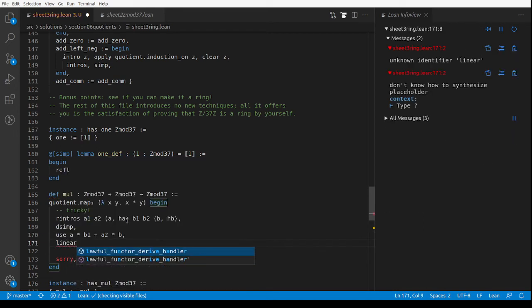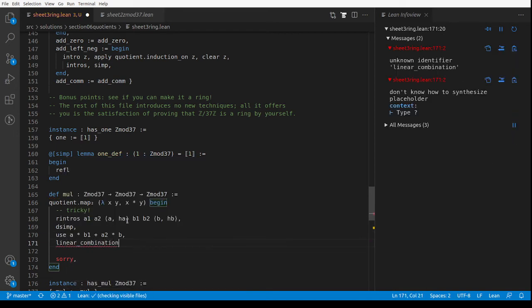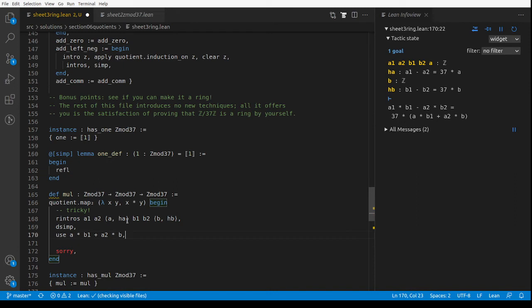Linear combination, I don't think, yeah, hard luck. Very recently, Mathlib got a preliminary version of such a tactic. However, it's not on the version of Mathlib that we're using for the course, and I'm not going to change the version of Mathlib because it will just cause more confusion than it's worth.